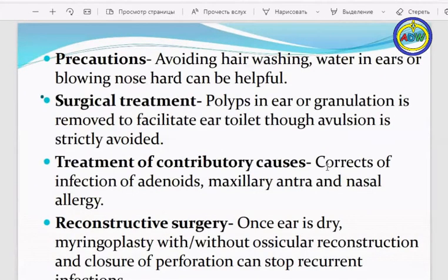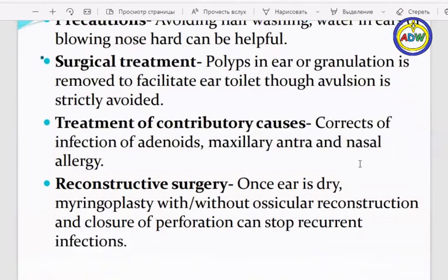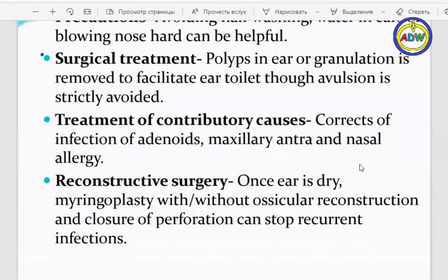Precautions: avoiding water in the ears when washing hair, or blowing the nose hard, can be helpful. Surgical treatment: polyps in the ear or granulation are removed to facilitate ear toilet, though avulsion is strictly avoided. Treatment of contributory causes: correcting infection of adenoids, maxillary antra, and nasal allergy.